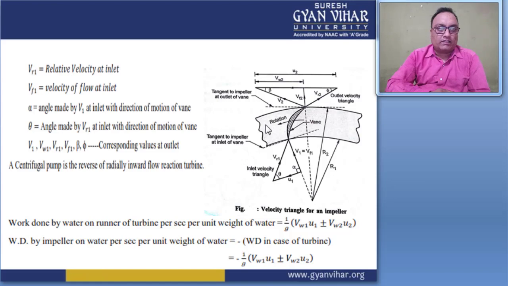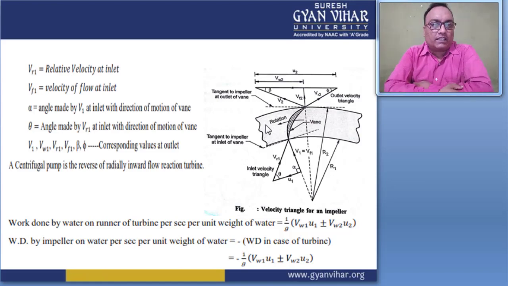The work done by water on the runner of a turbine per second per unit weight of water is equal to 1 by g (Vw1 U1 plus minus Vw2 U2), and the work done by the impeller on water per second per unit weight of water is equal to the minus of that work done in the case of a turbine, that is minus 1 by g (Vw1 U1 plus minus Vw2 U2).